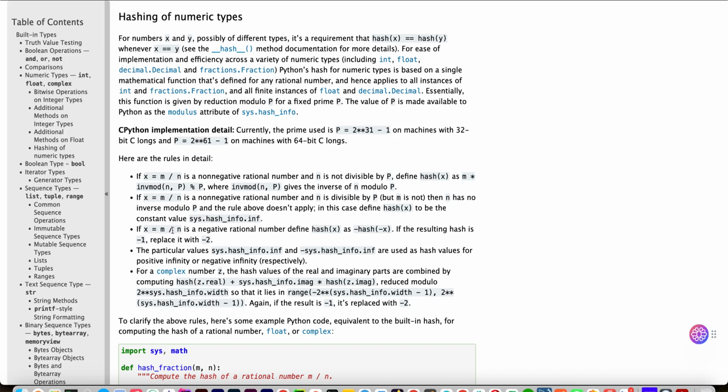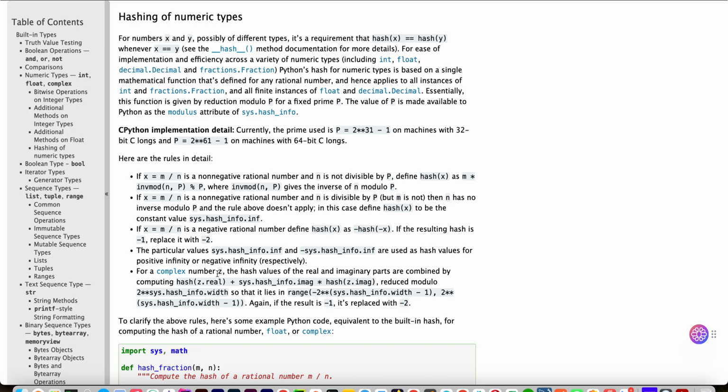If x is equal to m/n is a negative rational number, define hash(x) as minus hash(minus x). If the resulting hash is -1, replace it with -2. The particular values sys.hash_info.inf and minus sys.hash_info.inf are used as hash values for positive infinity or negative infinity respectively.